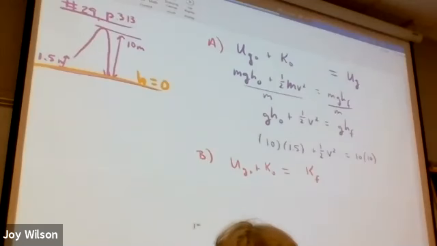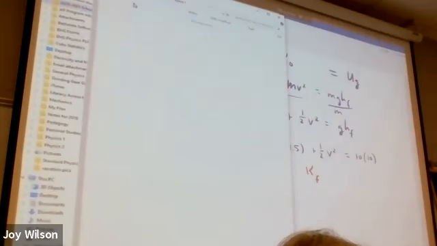Okay, I think I got part B. What I got was the final velocity is 14.14 meters a second. Okay. You got the answers in the book, but I'll go ahead and look that one up for you real quick.